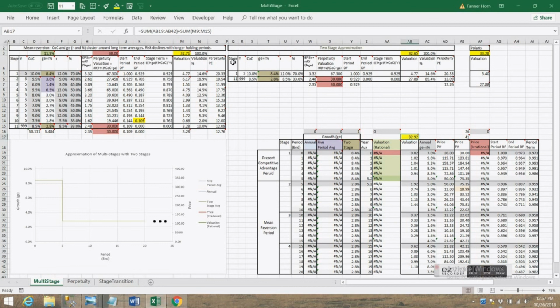One last thing I want to point out about the two-stage growth model is that the earnings growth shown here for stage 2 is a management decision. It's driven by the amount of reinvestment, because we're assuming in stage 2 that the return that's being earned is equal to the cost of capital. So the total price appreciation that occurs year over year is really independent of what management decides to do in terms of reinvestment.